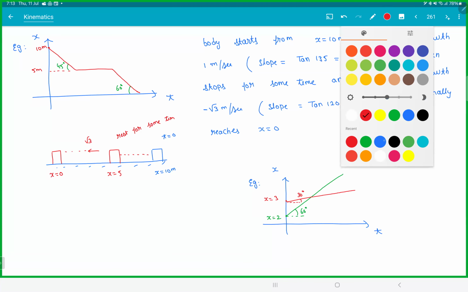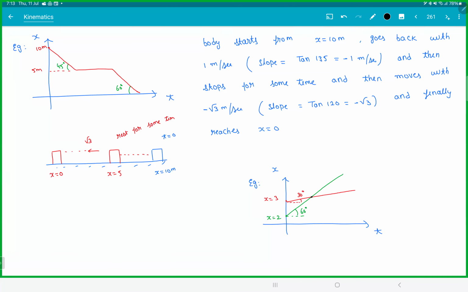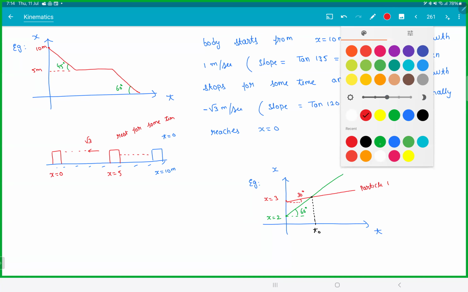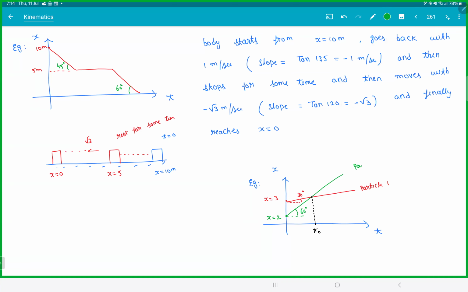What can you tell about this? There are two different particles, green and the red one. This is particle 1. That is a graph for particle 1, and the green is for particle 2. Now, what can you tell about this?